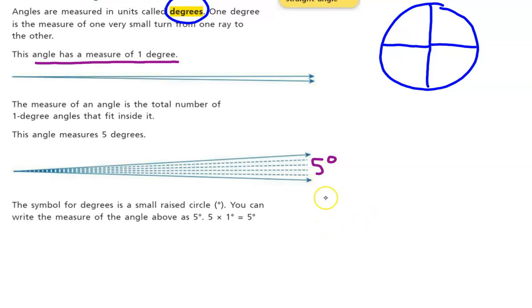If I label that this angle is a 5-degree angle, I write my number 5 like normal, and then a tiny little raised circle that has to be open. That little open circle stands for degrees. So again, that's a 5-degree angle, and that's how you write it.